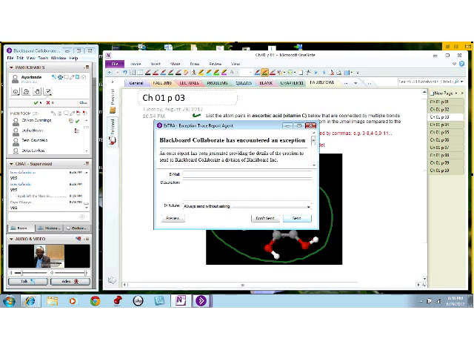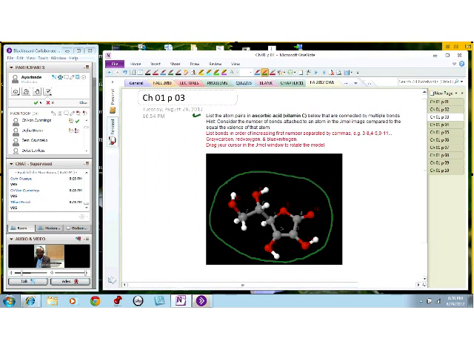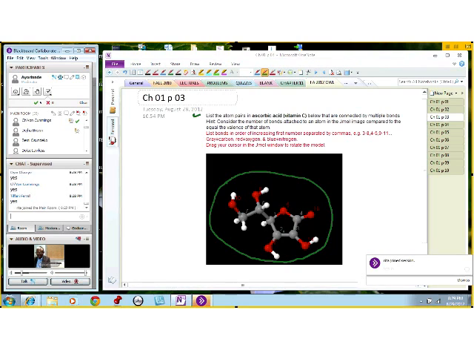Because just like we did before, the valence of this carbon is not satisfied, and the valence of this carbon is not satisfied, so we place a double bond between them in order to satisfy the valence, and therefore you have a double bond between 2 and 3, and that is what they want you to do.